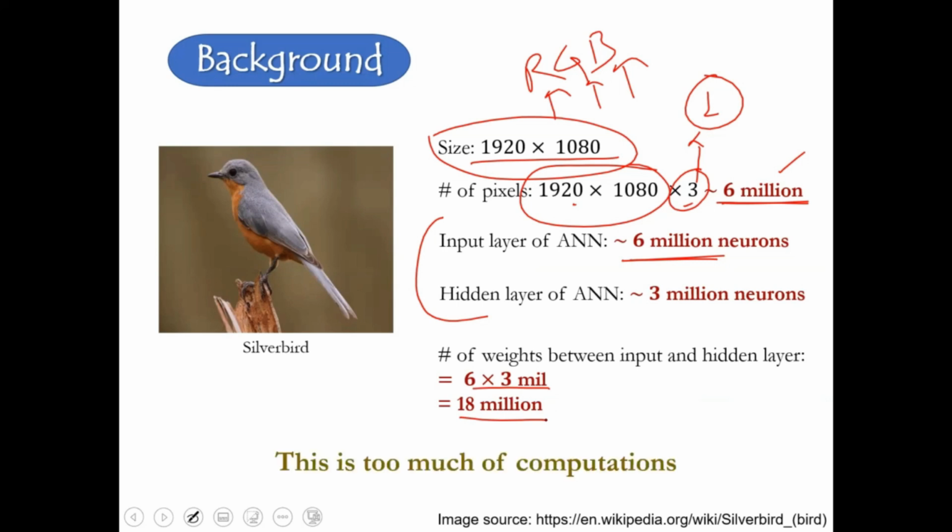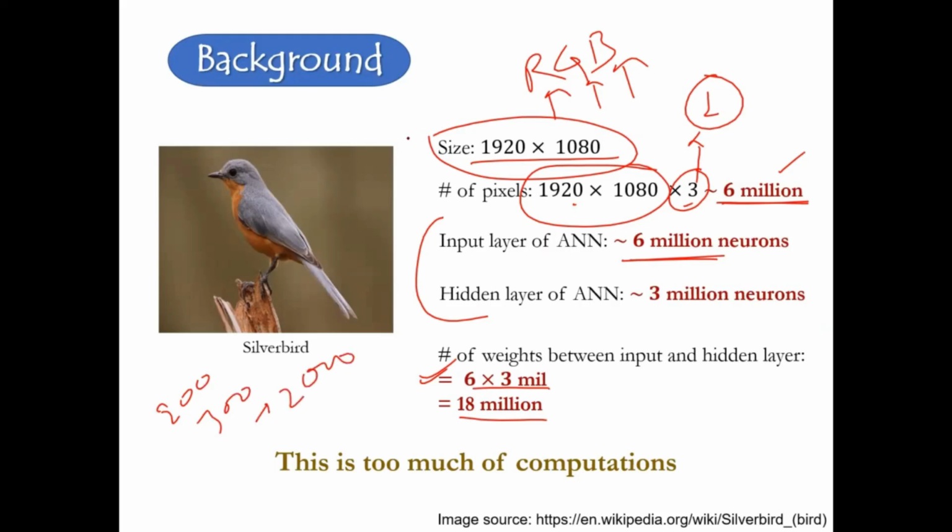So is this too much computation? For any computer, even one with high processing power, it is very difficult to process this image. And this is for only one image. But whenever we are doing the problem of image classification, we have a minimum of 200 or 300 images, or even 2000 images.